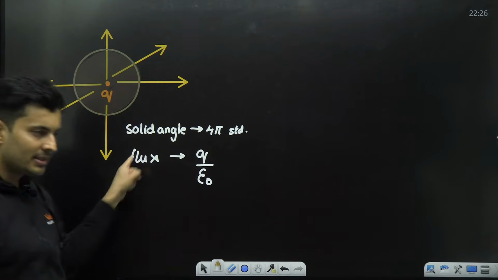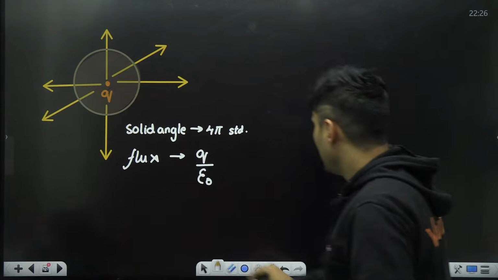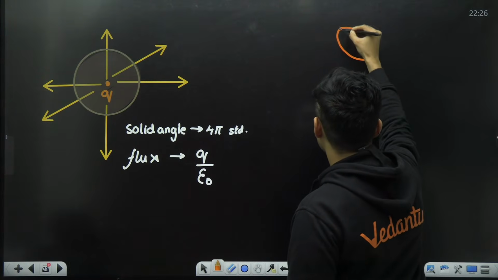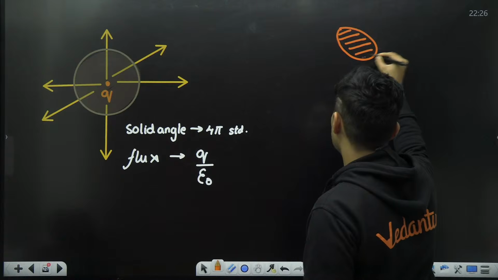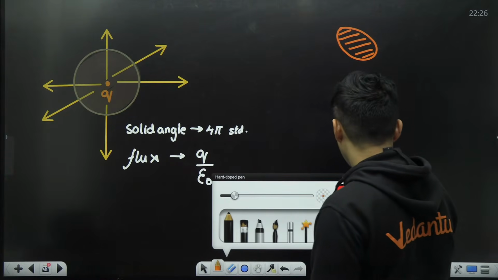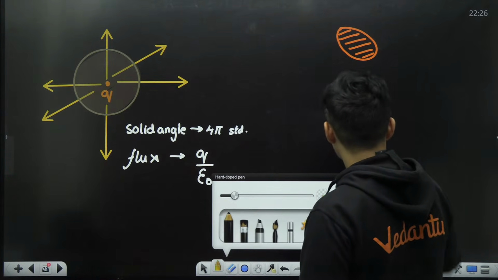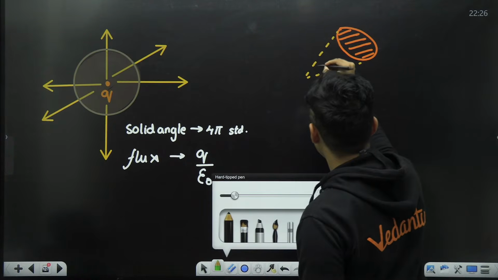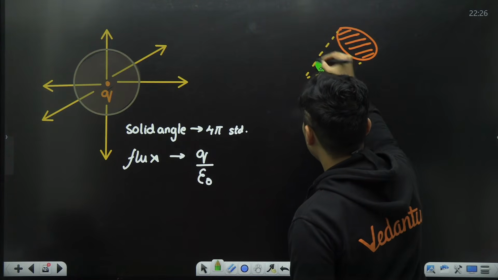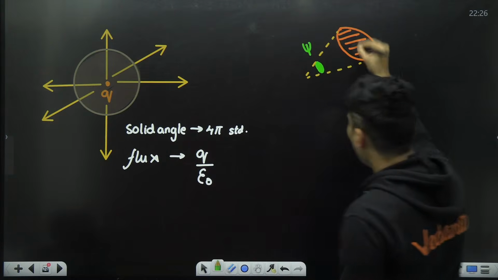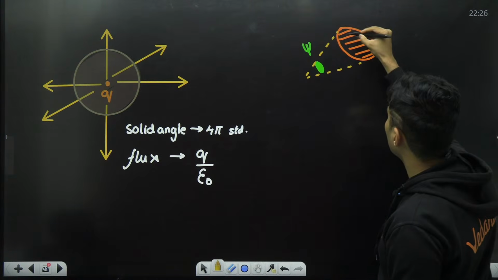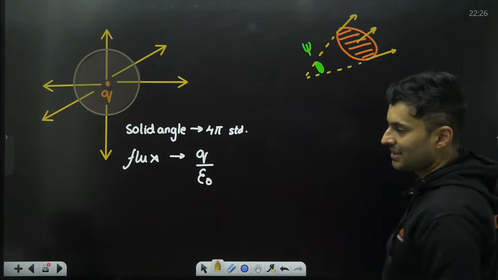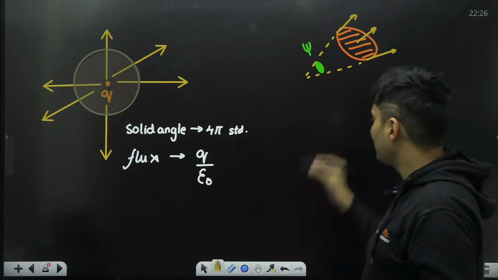Now just imagine I have some surface over here, and it is subtending some solid angle, let's say psi. How much flux will pass through this? If that is the question, just think about it.